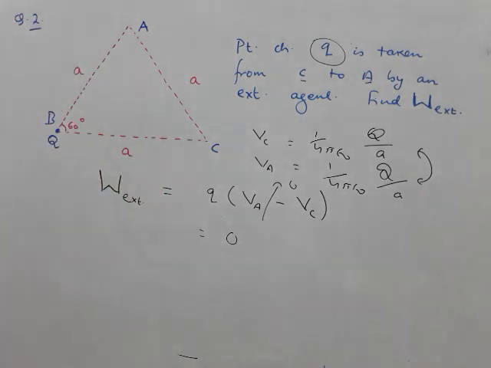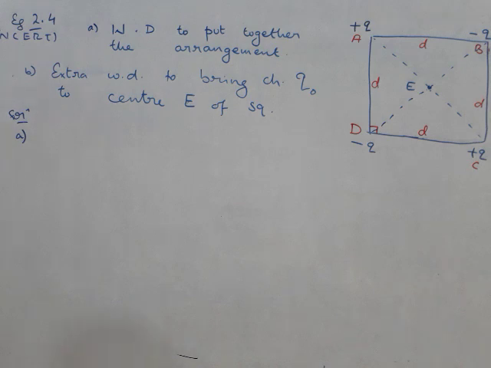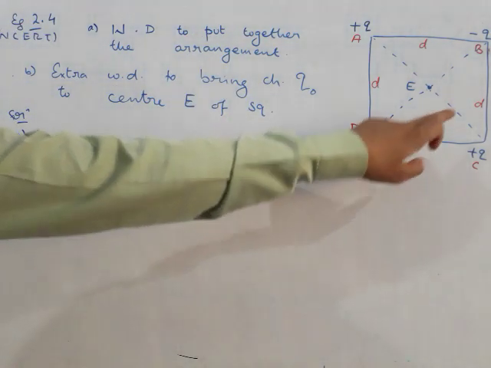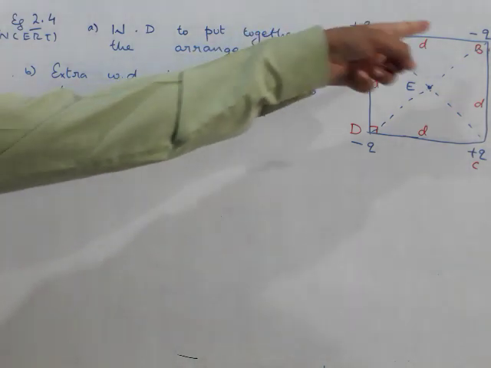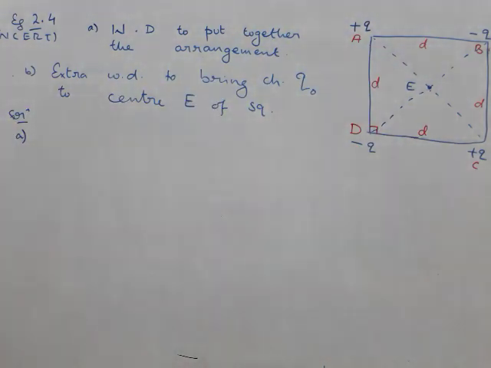Let's see one more question. This next question which I will discuss is from your NCERT textbook, students. This is example 2.4. There is a square of each side d. 4 charges plus Q, minus Q, plus Q, minus Q are placed at the vertices.